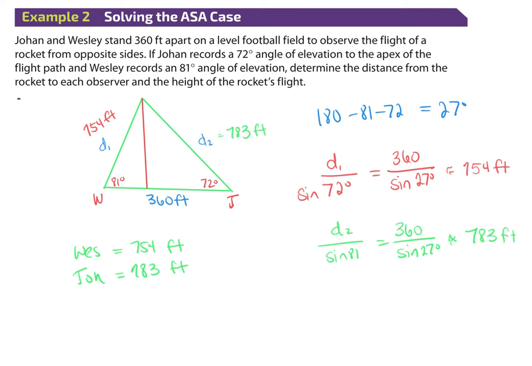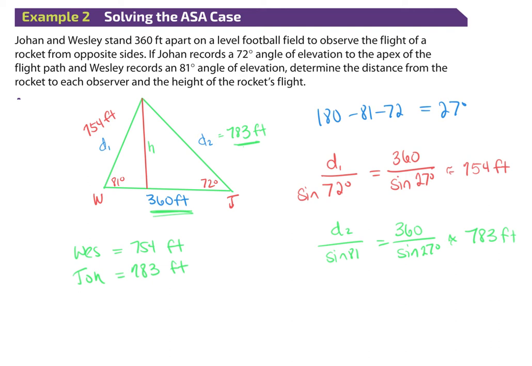So they technically are asking for this right there. You can use either one of these, but you are going to now use SOHCAHTOA, all right? You can't use this one because you don't know where they shot the rocket off, so you don't know that distance, but you do know this one and you do know an angle. So you can use either one of those to use opposite over hypotenuse, the sine.